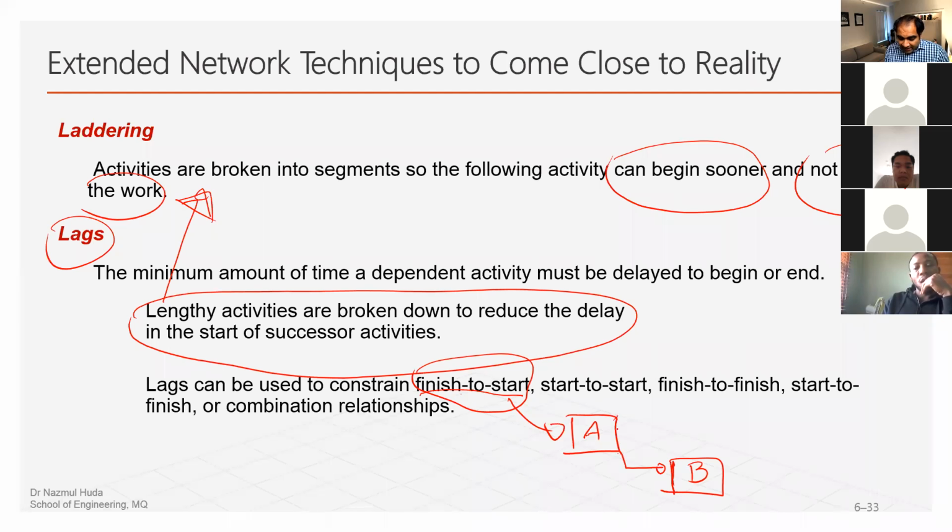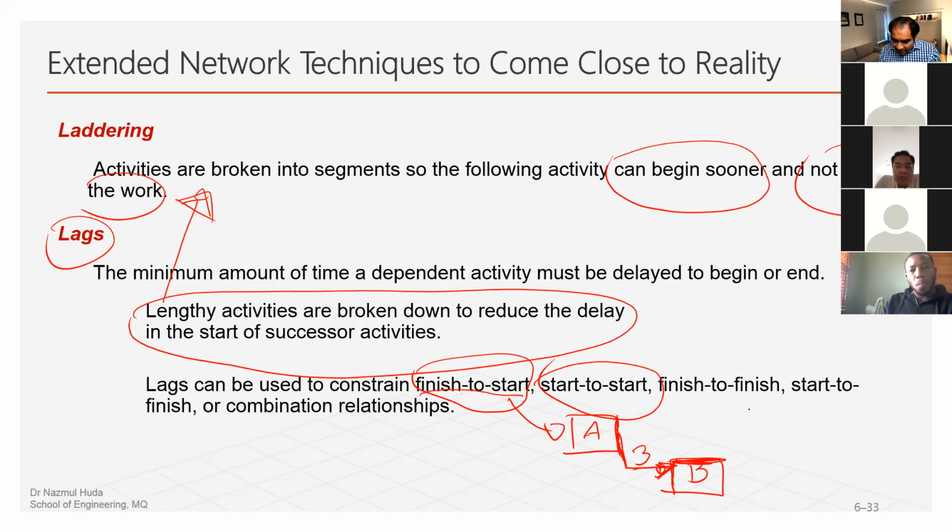Once activity A is finished, then we can start activity B. This is finish, this is start. How much time do we have? Say for example, we have 3 days of lag. So this is the total lag, the time delay we have between the two activities. Okay, so it can be start to start.